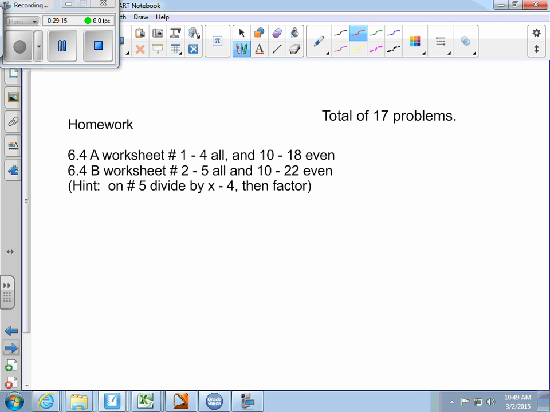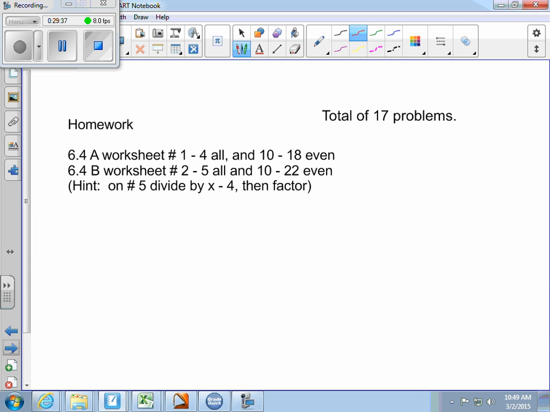Okay, your homework. On the 6A worksheet, give them out. You have them. There's an A and there's a B. 1 through 4 all on 6A. And the back, you do the evens.